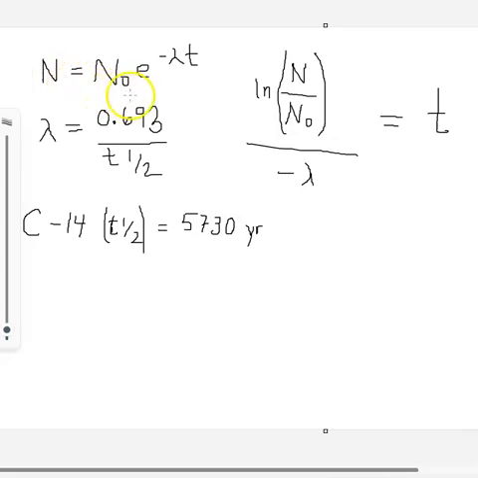N0 is the original number of radioactive nuclei at time 0. e is just the base of the natural log, and the lowercase lambda is going to be the decay constant. On the right-hand side here, you can see that I've reorganized this equation to be able to calculate the age of an object, which is represented by the variable t.